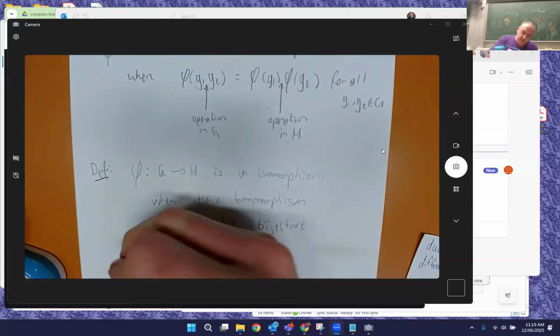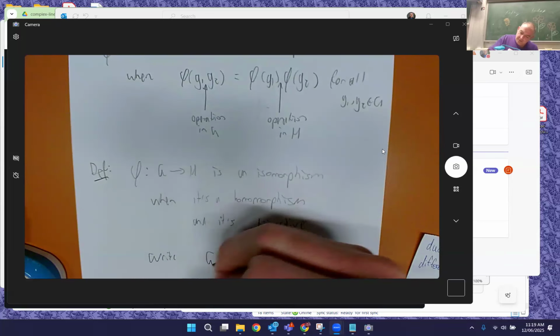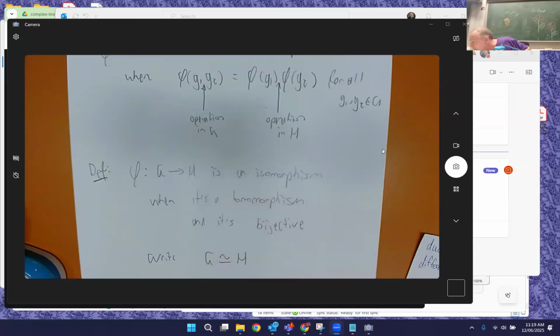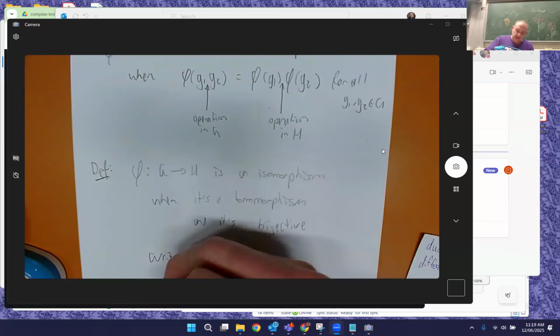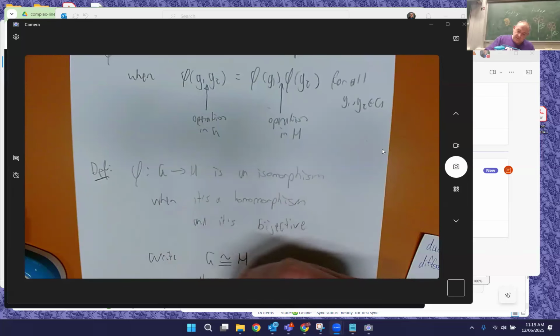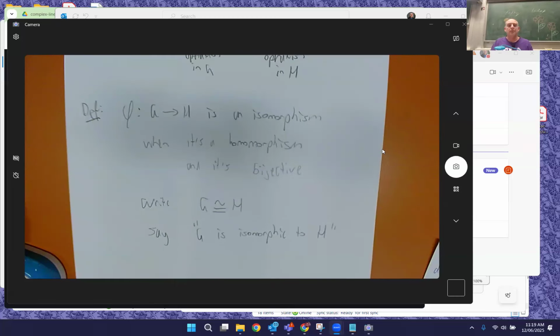And then you'd write G, it's a single, no, double equals, cool. G is isomorphic to H. Sorry, thank you. Cool.